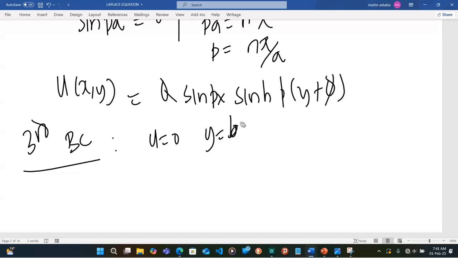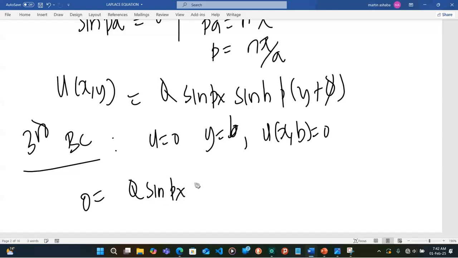So meaning u(x,b) is equal to 0. So we're going to substitute where there is y, we are going to put b there, so that we have 0 equivalent to sin px hyperbolic sine p of, this is y, which is going to be b plus phi, and this is equal to 0 as we have said.